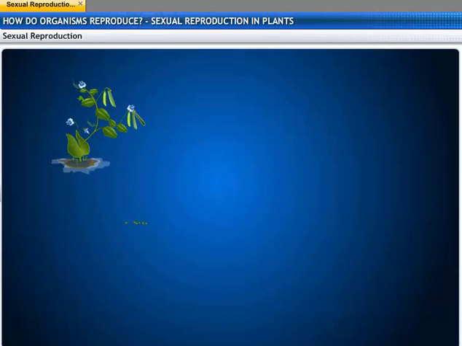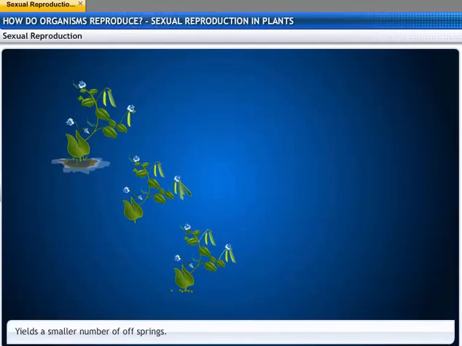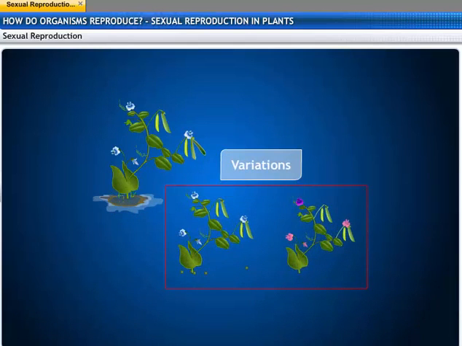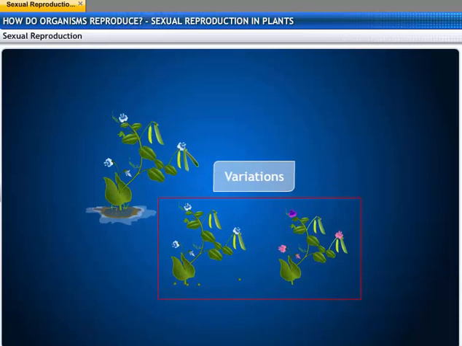On the other hand, organisms that reproduce sexually yield a smaller number of offspring. But these offspring have greater DNA variations. Why is that?